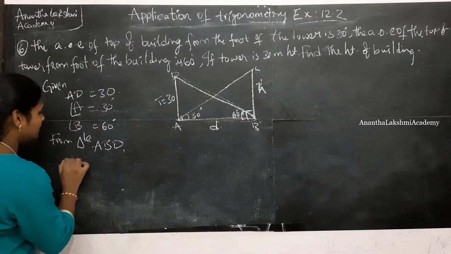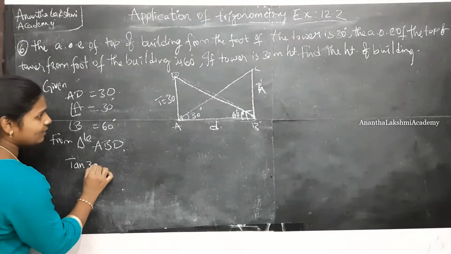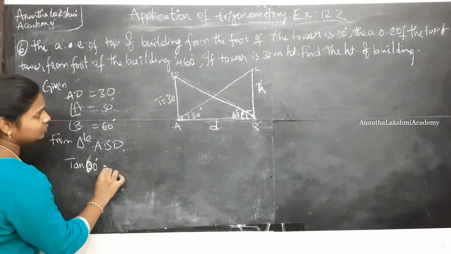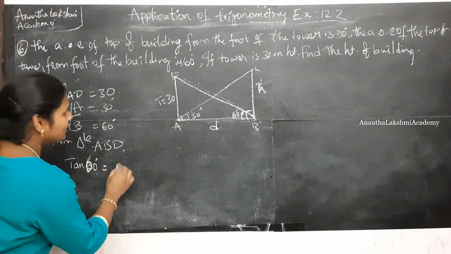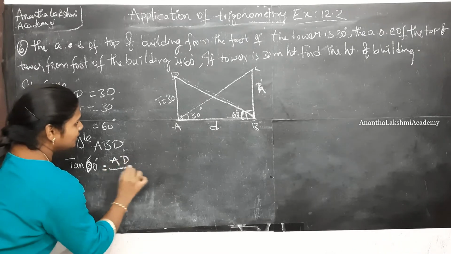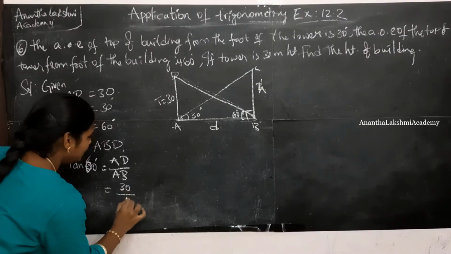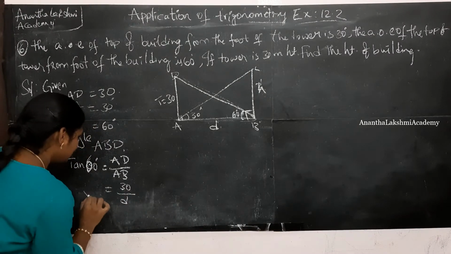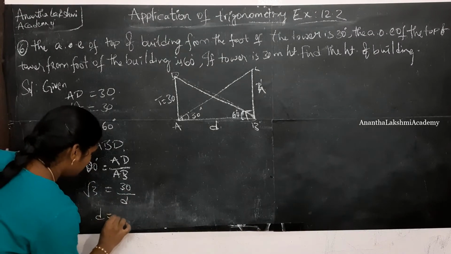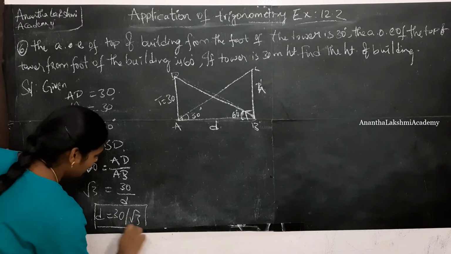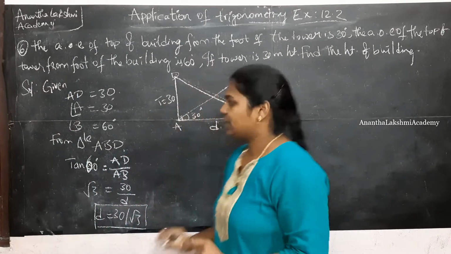Hence I am going for tan. Tan 60 degrees is equal to, angle B, AD by AB. AD is nothing but 30 by D. Tan 60, what is tan 60? Root 3. So D is equal to 30 by root 3. The distance between the tower and the building we got.